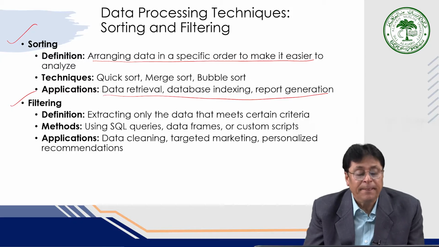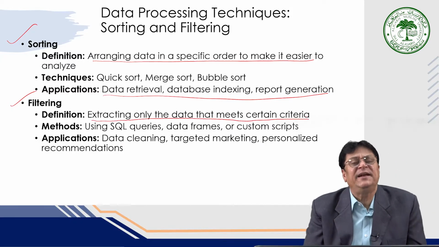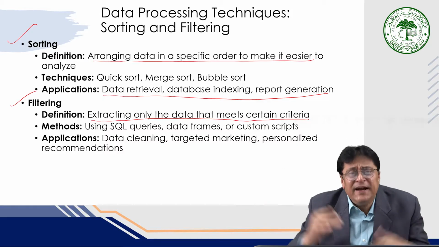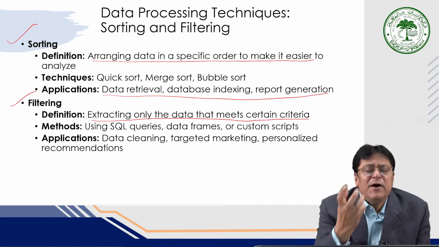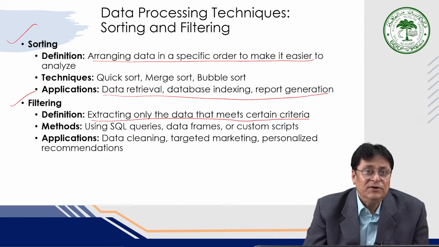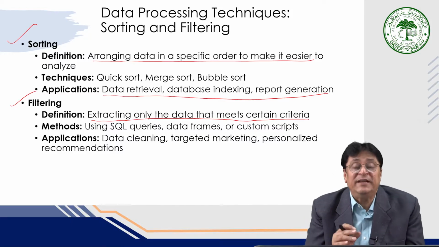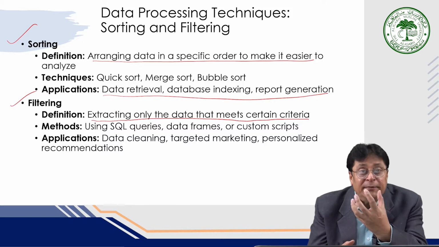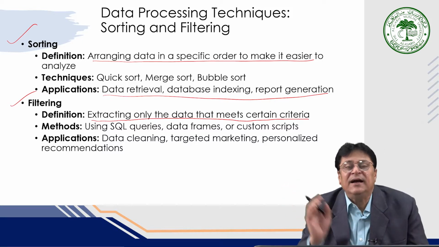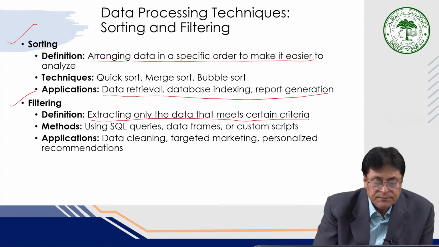In the same way, extracting only the data which meets certain criteria. Whatever data that we collect, only some of it is truly relevant, the rest only seems to be relevant. So, in order to filter the most relevant one and discard the others, this filtering is used.